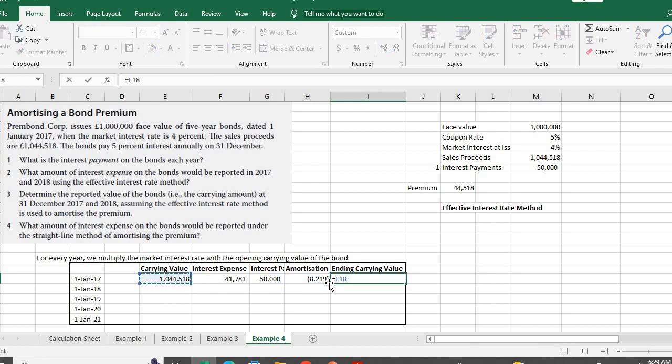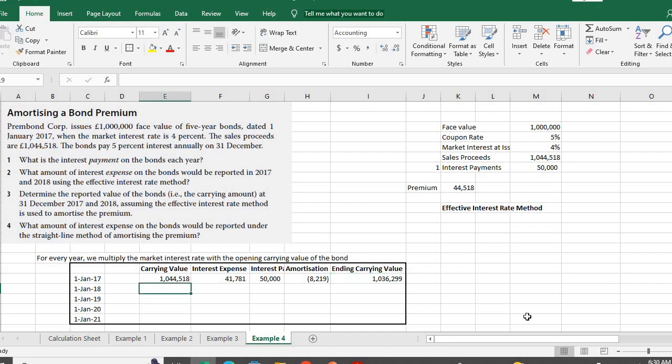So the ending carrying value will be 1,044,418, and adding negative 8,219, so we see the carrying value coming down and moving towards 1 million, which is the face value.